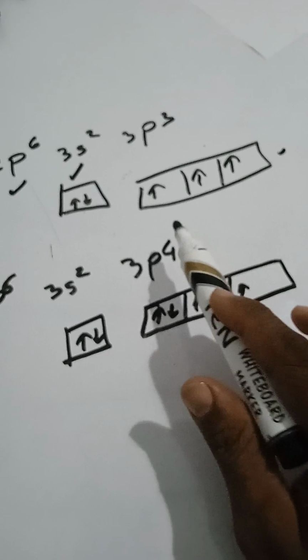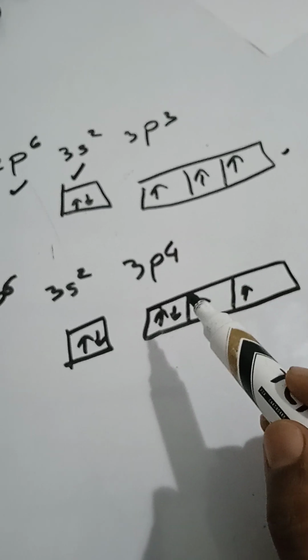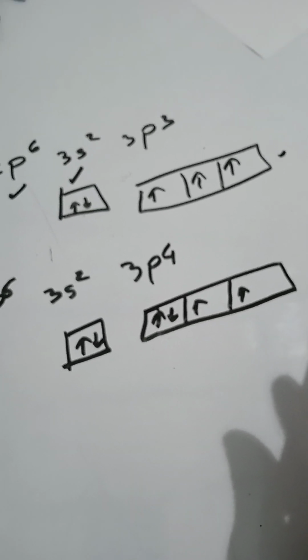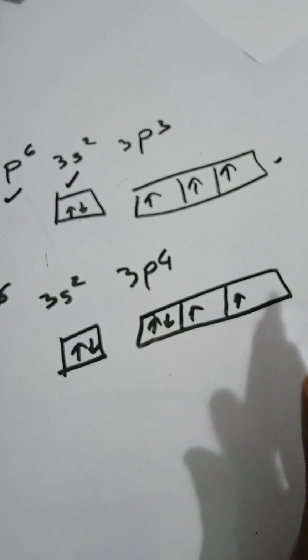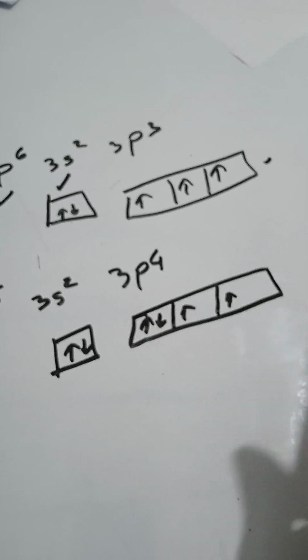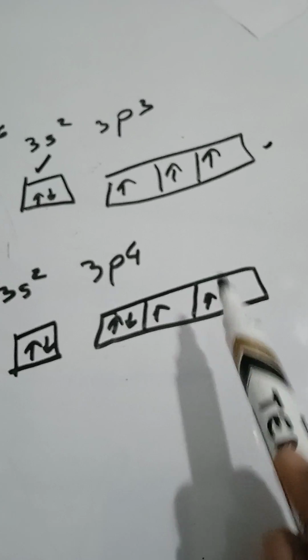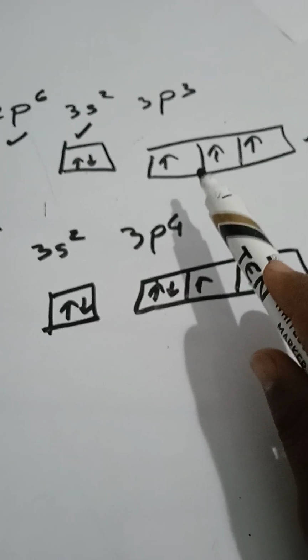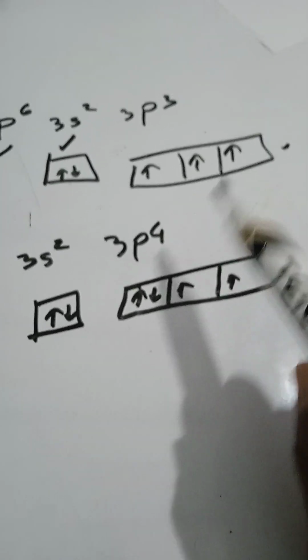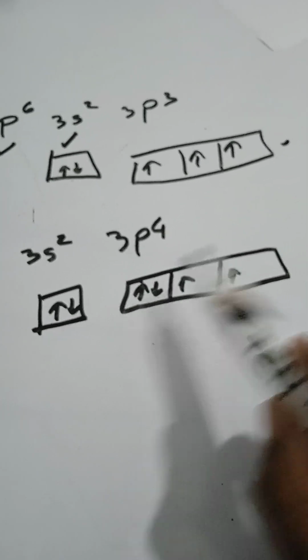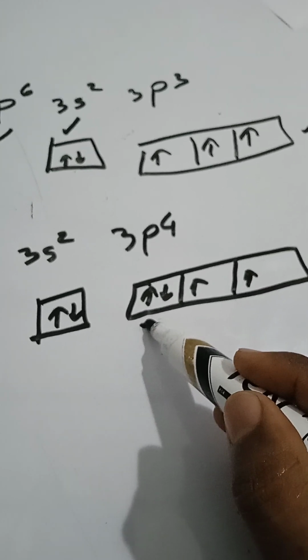Here we consider the first ionization. First ionization means removing 1 electron from the outermost. Which is outermost? In phosphorus, this is the outermost. In sulfur, this is the outermost. Phosphorus is half filled. In sulfur, these 2 electrons are in the same orbital.